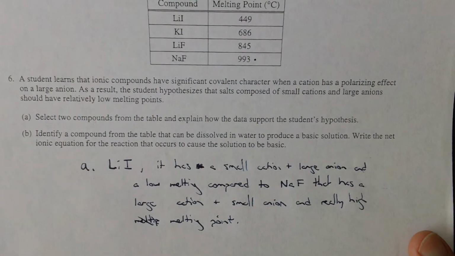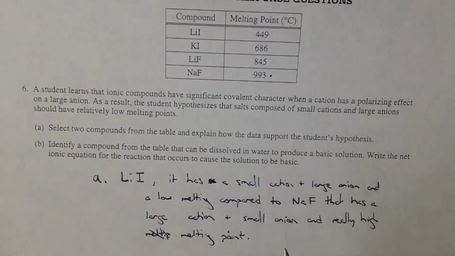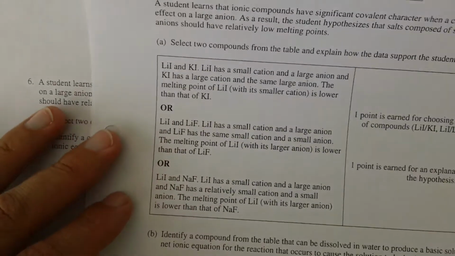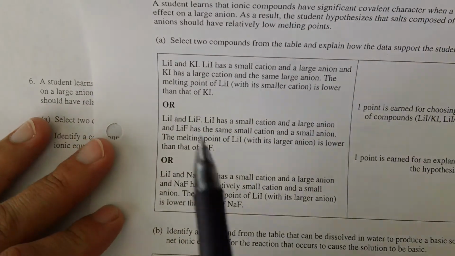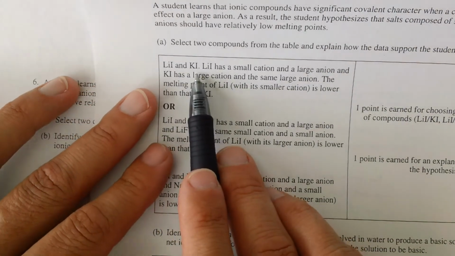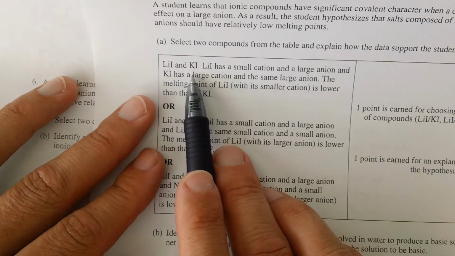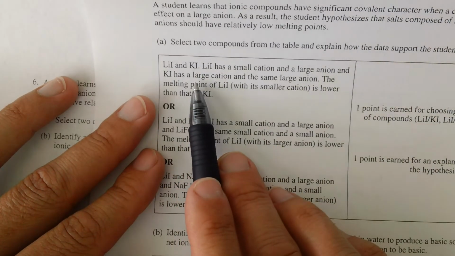The College Board, so you got a point for having 2 compounds that made sense, and then the explanations behind those. Here are the College Board's answers. There were 3 different combinations you could have used. Lithium iodide and potassium iodide, showing that bigger cation in potassium iodide created a bigger melting point. That was fine.